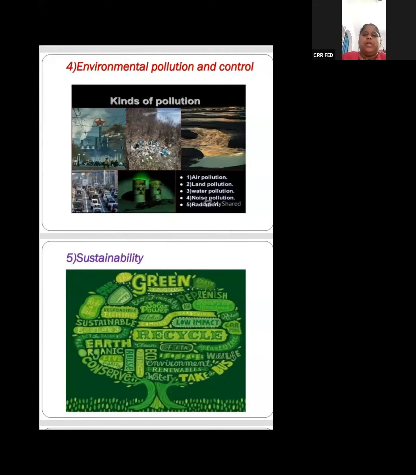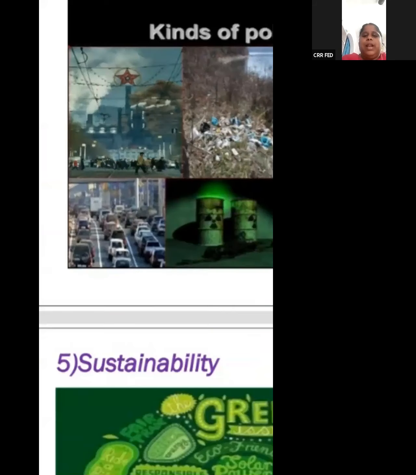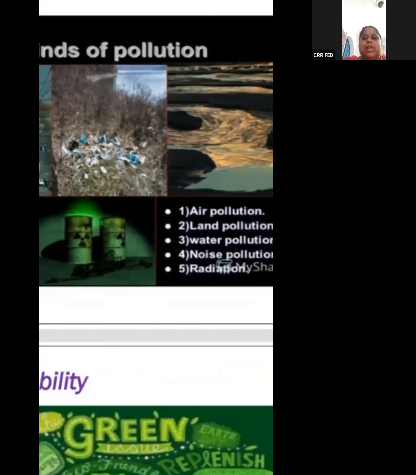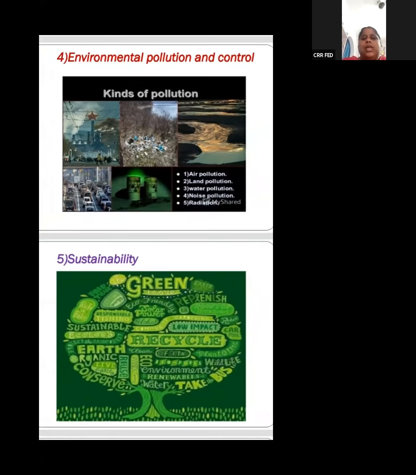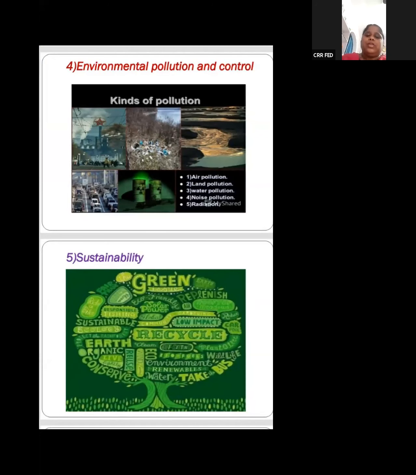So environmental pollution is very important. We are exposed to water pollution by drinking water in different areas, and we are exposed to land pollution. We are polluting the land by releasing waste materials into the soil, and by releasing the waste from our homes into water. So in such ways, we are exposed to pollution. At the same time, we are causing different kinds of pollution. So we are the responsible persons to minimize that pollution, because pollution has an adverse effect on us only.